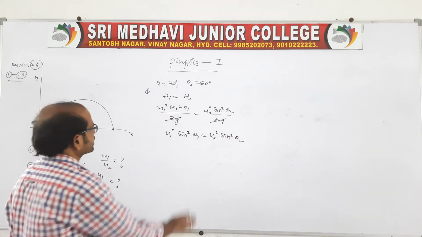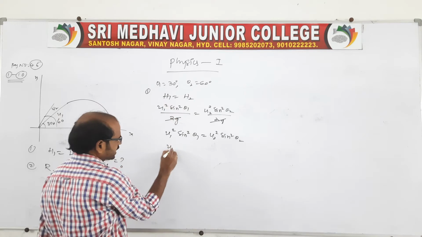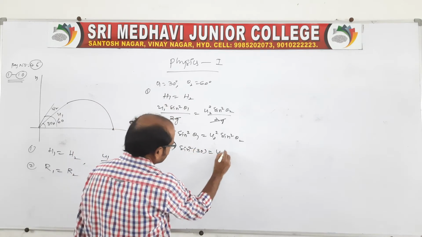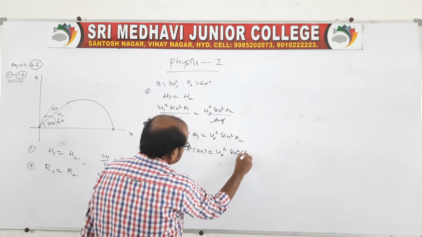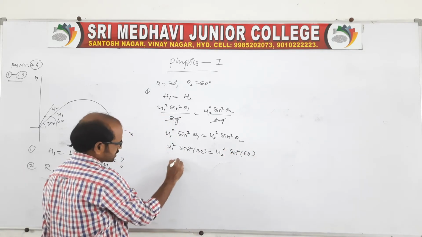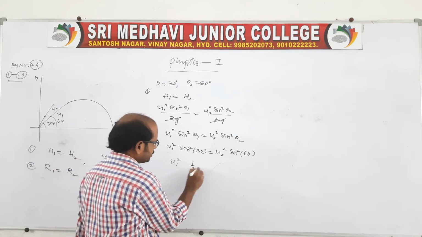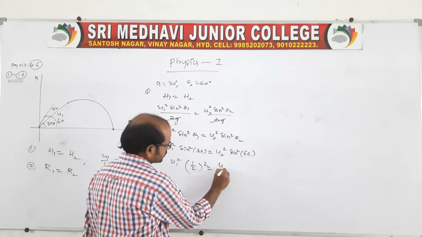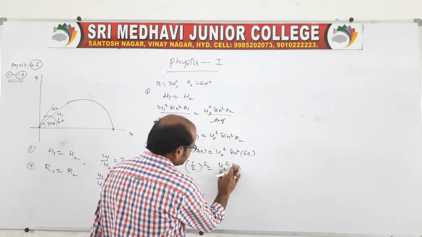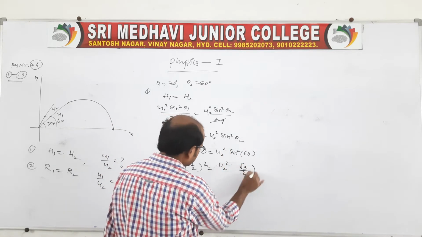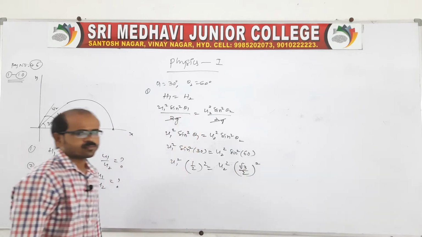Here theta 1 and theta 2 are 30 and 60, so u1 square sin square 30 degrees is equal to u2 square sin square 60 degrees. So u1 square times sin 30, which is 1 by 2, whole square, and u2 square times sin 60, which is root 3 by 2, whole square. Clear?